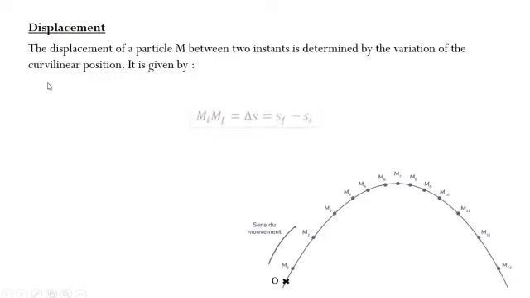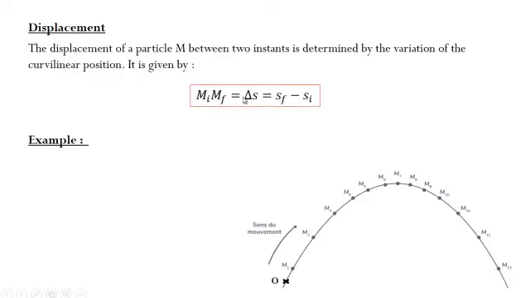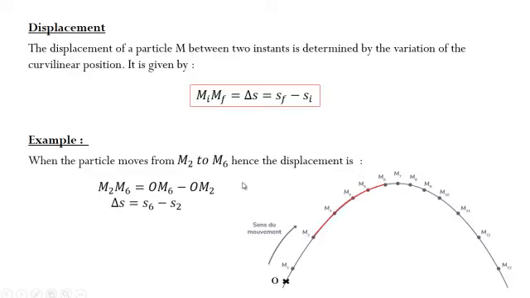It's given by M initial M final, equal to delta s, so it's s final minus s initial, the variation between the positions. For example, if we want to find the displacement between M2 and M6, it's the arc M2M6, which is equal to OM6 minus OM2. This is what we call delta s, s6 minus s2.